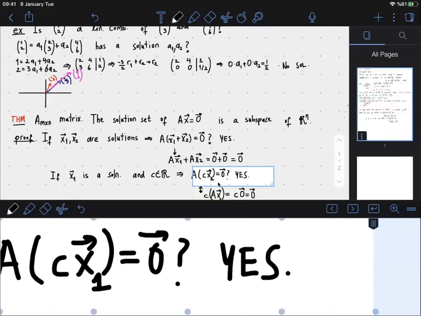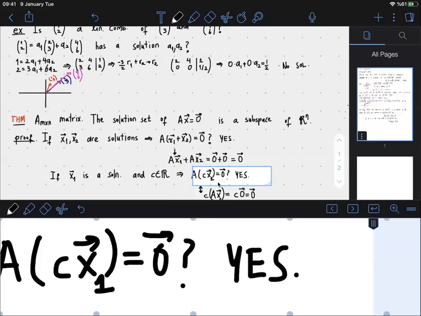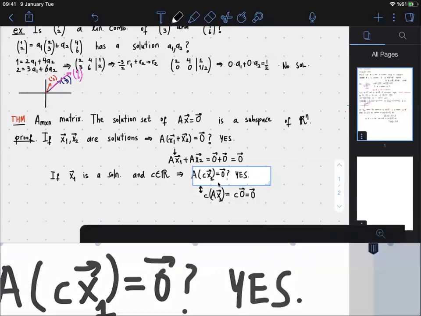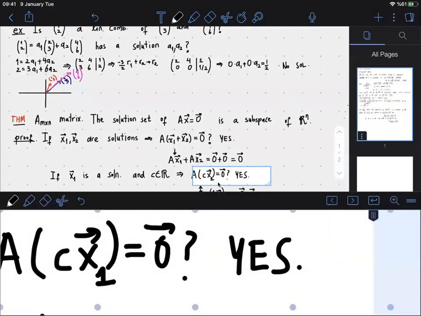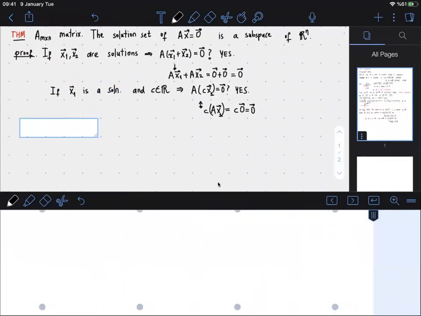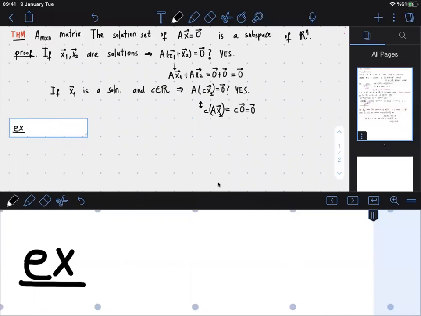Okay, this was a theorem. So let's try to give some examples to it, okay? Let's try to illustrate this. Let's take an easy example, like this: x1 plus x2, x2 plus x3 equals 0.